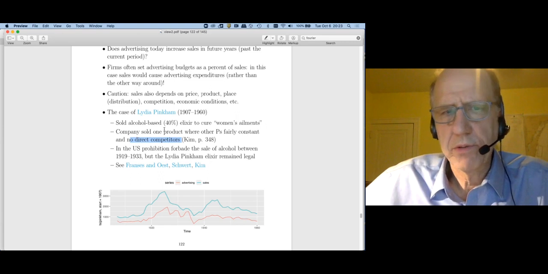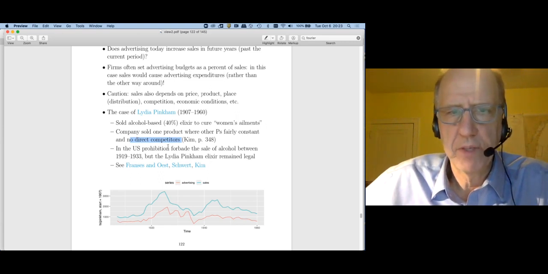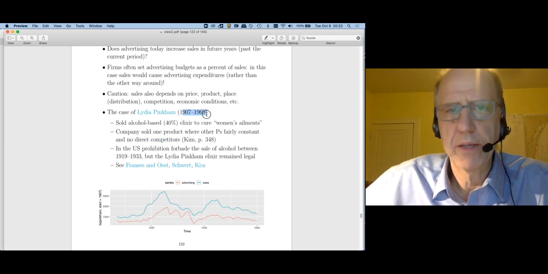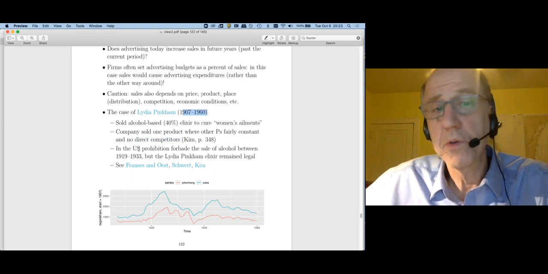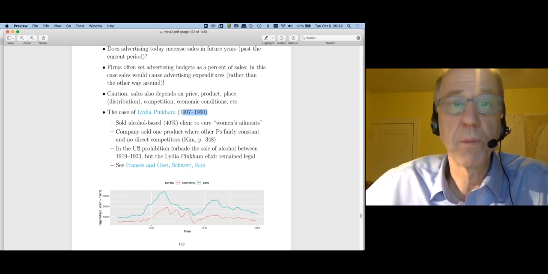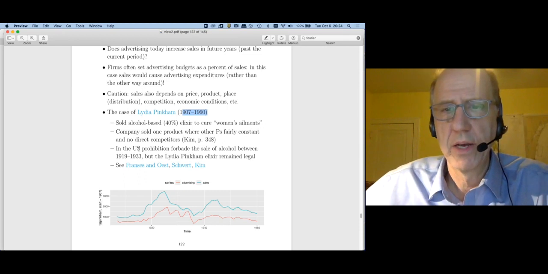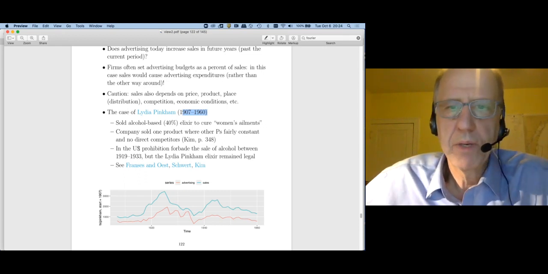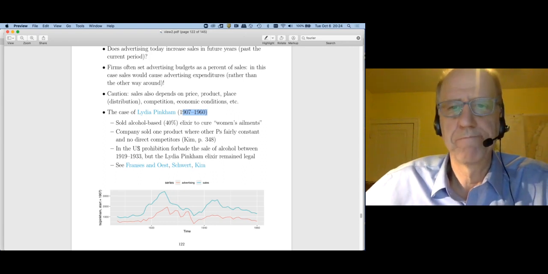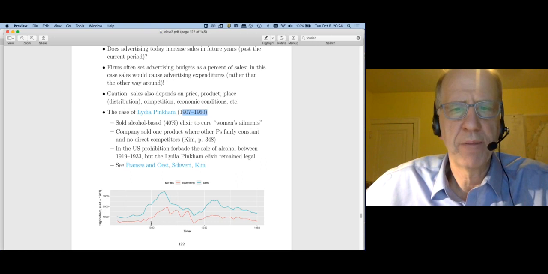Another thing that's going to be very interesting about this data set is that part of the time span covers a period in U.S. history called Prohibition. Prohibition was a period where alcohol sales were forbidden, and Lydia Pinkham, not being like vodka or whiskey, could still be sold. So what's very interesting when we look at a time plot, here's their sales and their advertising.